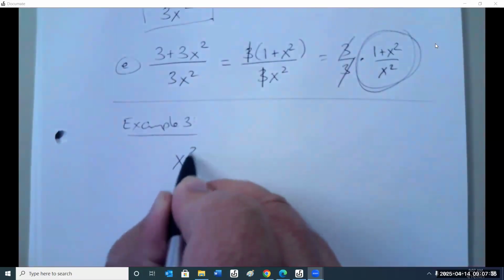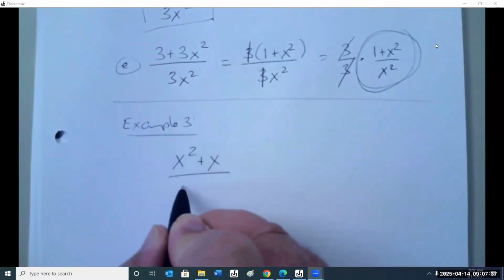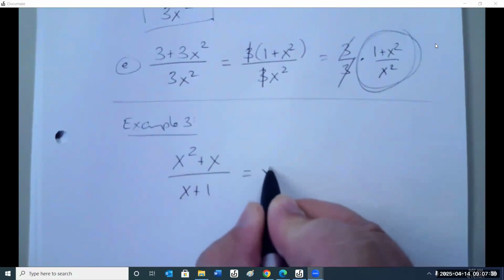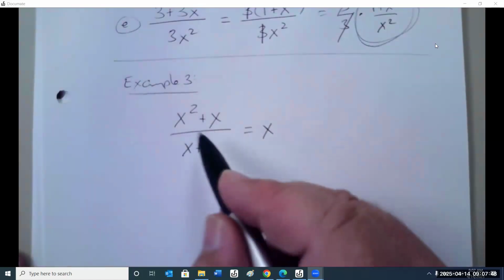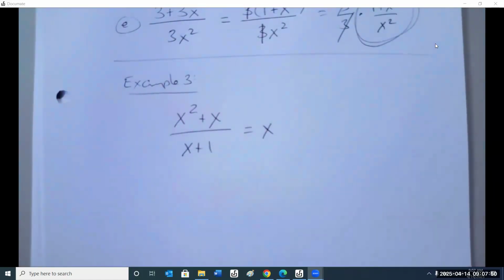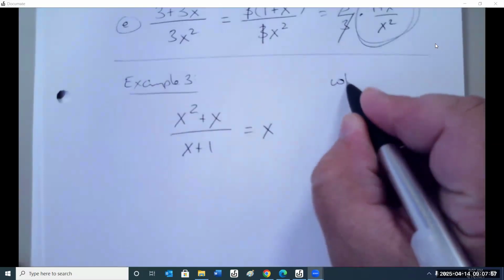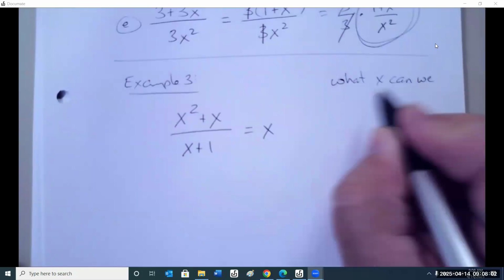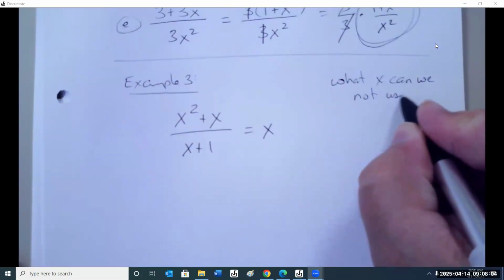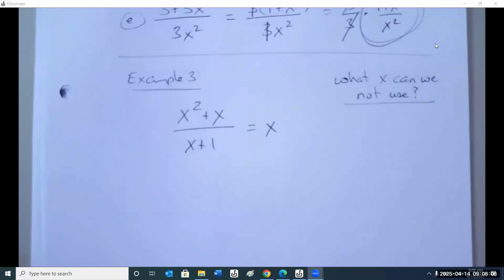What if we had this? What is my limitation on x? Remember, we have a fraction. What x can I not use? Remember, what's the only rule here?